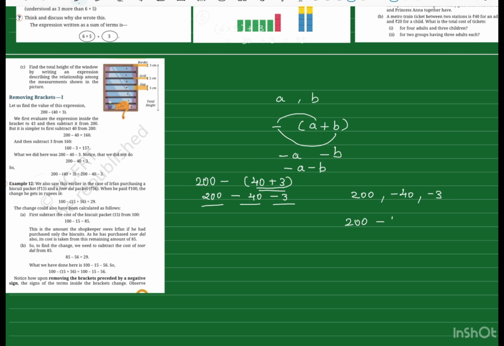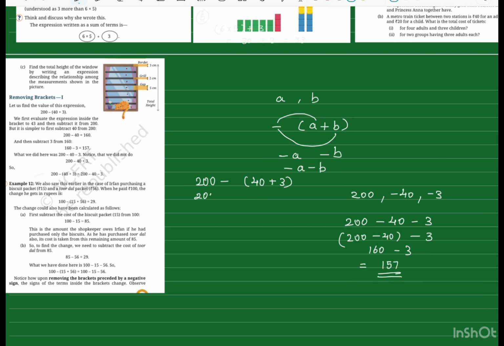So we can write the expression as 200 minus 40 minus 3. First we do 200 minus 40, and then minus 3.